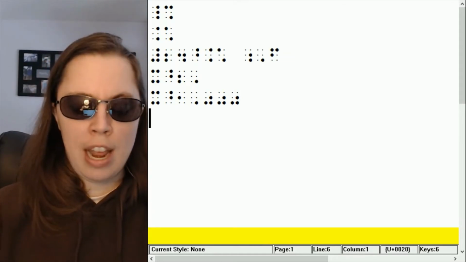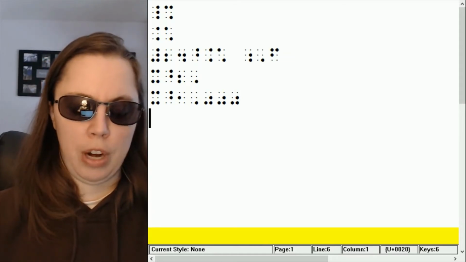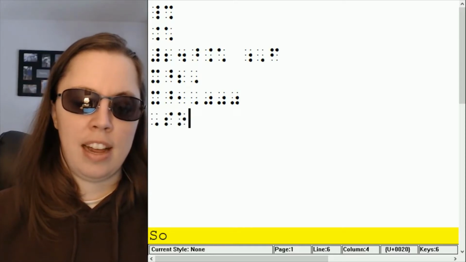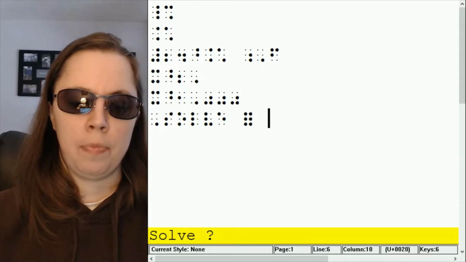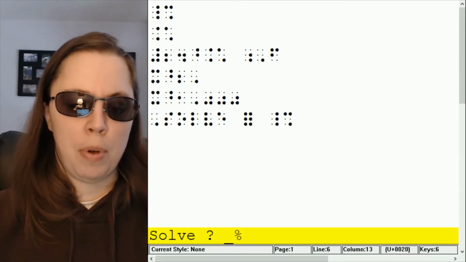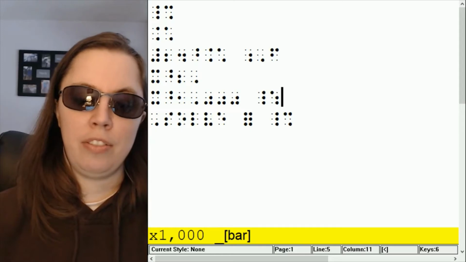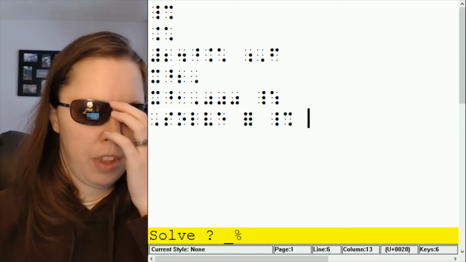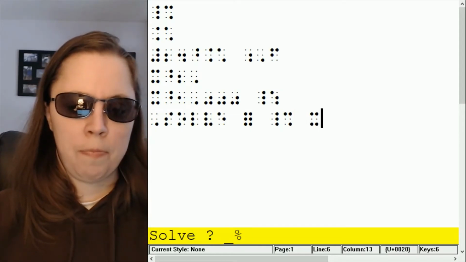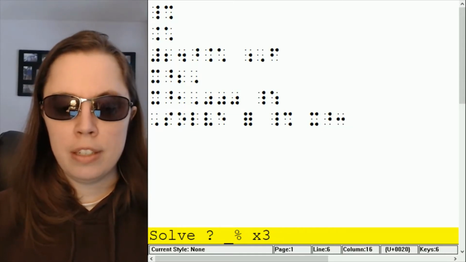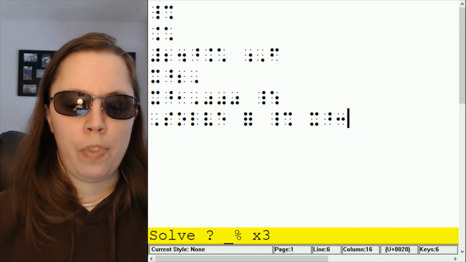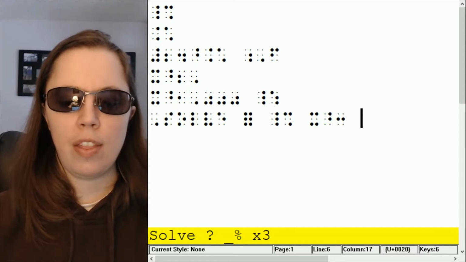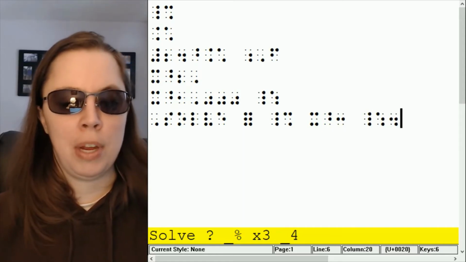The punctuation indicator also terminates superscript. So if a sentence says, solve for, and then you start Nemeth mode there, which I guess means I must have ended Nemeth mode before I got there. Solve for x cubed. Well then, normally I would end Nemeth mode. Bad example. Then I would end Nemeth and have a period.